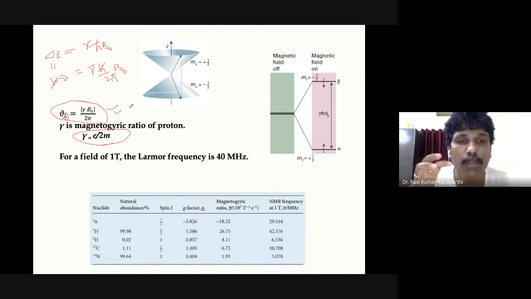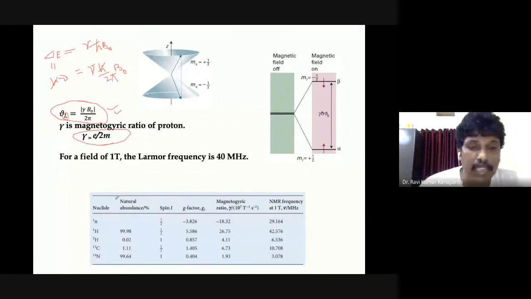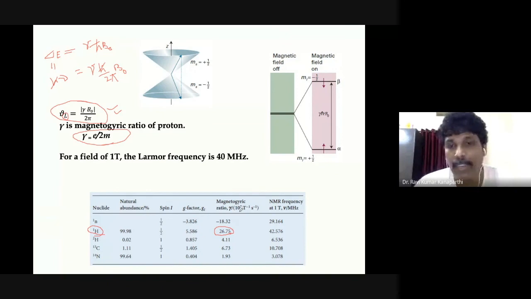Therefore, nuclei other than protons will have a very low gyromagnetic ratio. You can see here the table. In the table, the proton has a gyromagnetic ratio of 26.75 multiplied by 10 raised to 7 per Tesla per second. That is the gyromagnetic ratio of the proton.